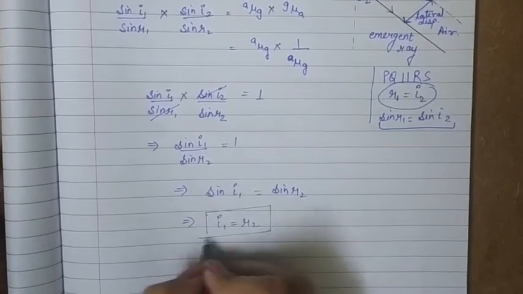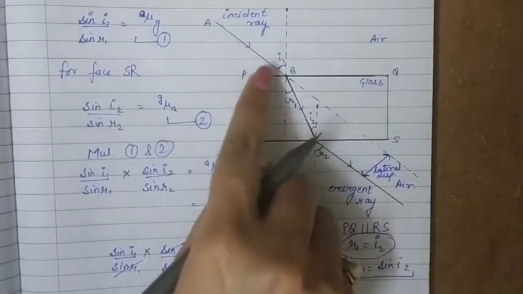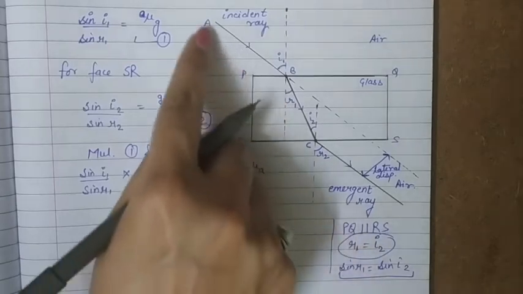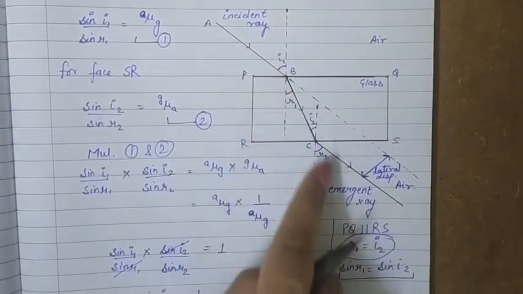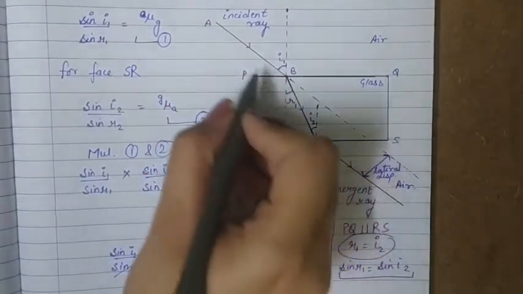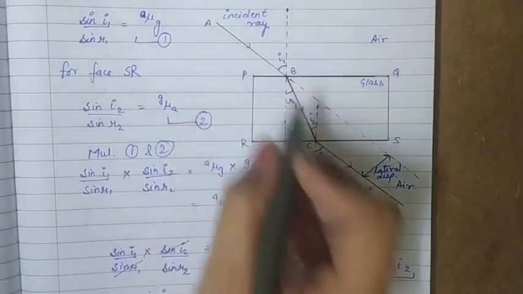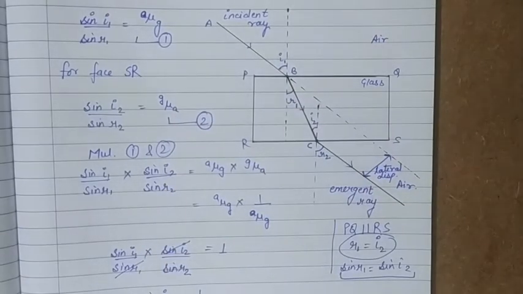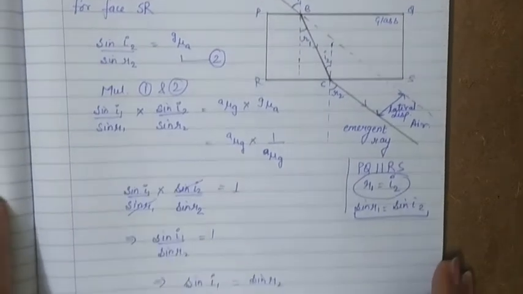And if I1 is equal to R2, the angles that the rays make with the normal are equal, then these two rays are parallel, means it shows that the incident ray and emergent ray are parallel to each other, but they are laterally displaced.